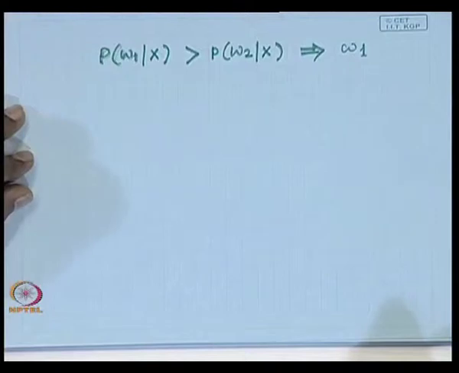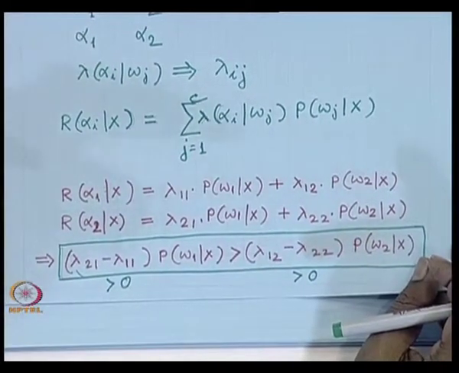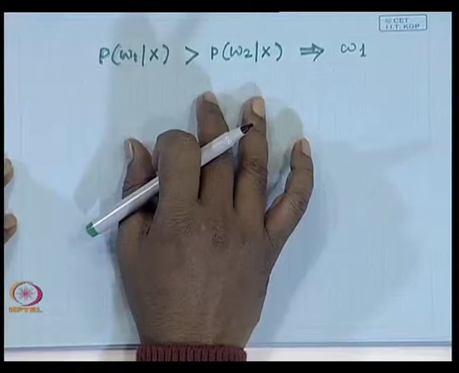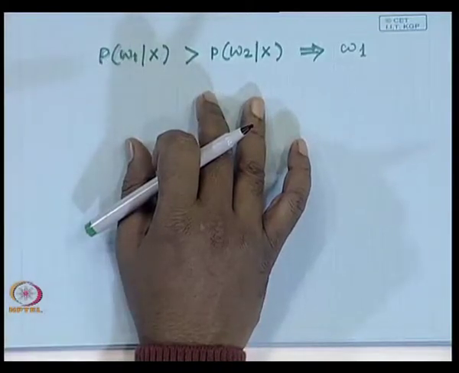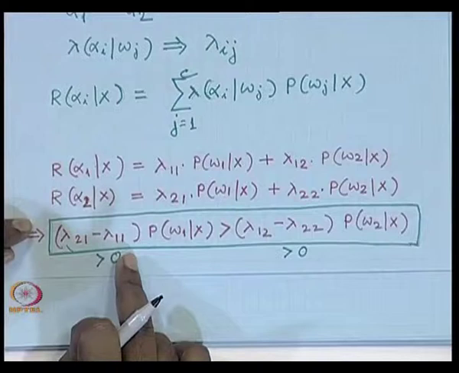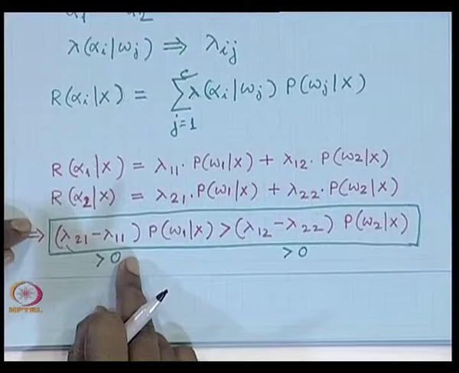Okay. Now, in the case of this generalized one, by incorporating the risk function, that is in the minimum risk classifier, what we have to do is this: the decision rule that we had taken in the simple Bayes decision has to be weighted by the loss difference, because lambda 2 1 minus lambda 1 1 is nothing but a loss difference for taking a wrong decision and for taking the correct decision.